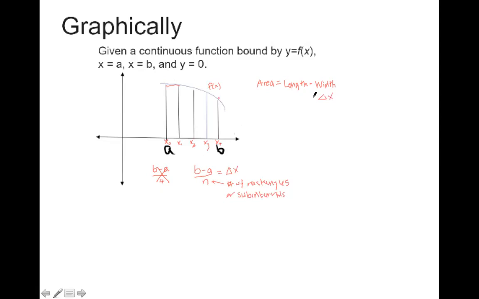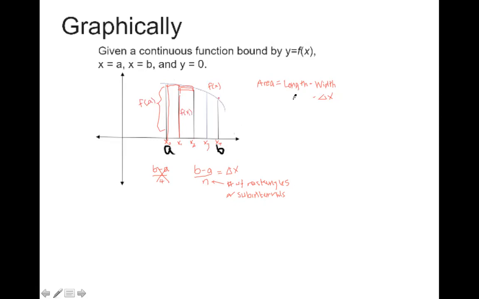And then the height of the rectangle, or the length of the rectangle, is, well, what's the value? If I plug A into my function, the height of this rectangle right here would be f of A. The height of this next rectangle, if I drew it across here, would be f of x1, and so forth.